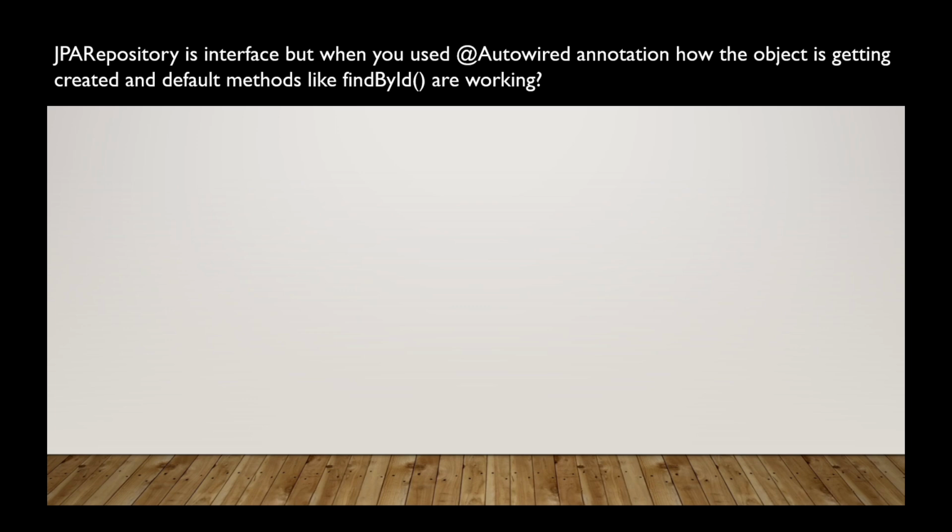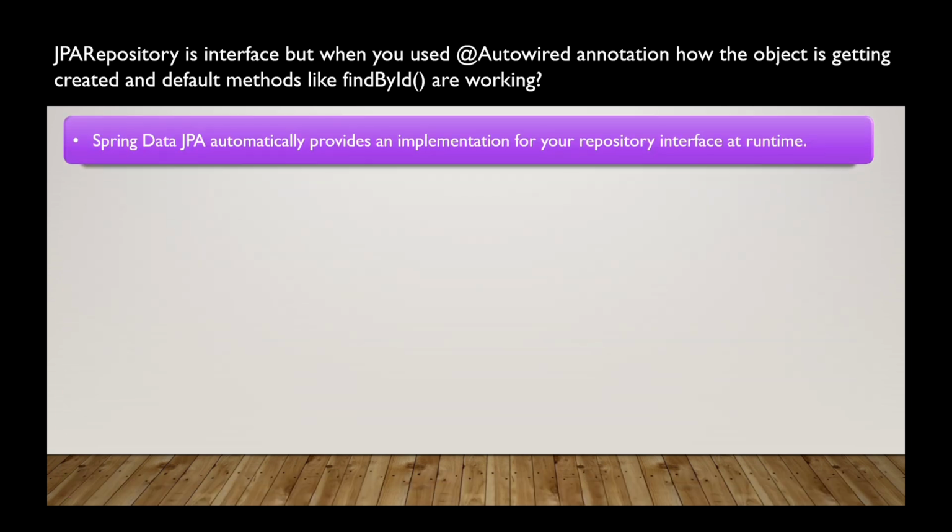Coming to the next question, JPA repository is an interface, but when you use the @Autowired annotation for the repository interface, how is the object getting created, and how do the default findById, findByUsername methods work? Here the JPA repository beans are automatically created by Spring Data JPA at runtime.